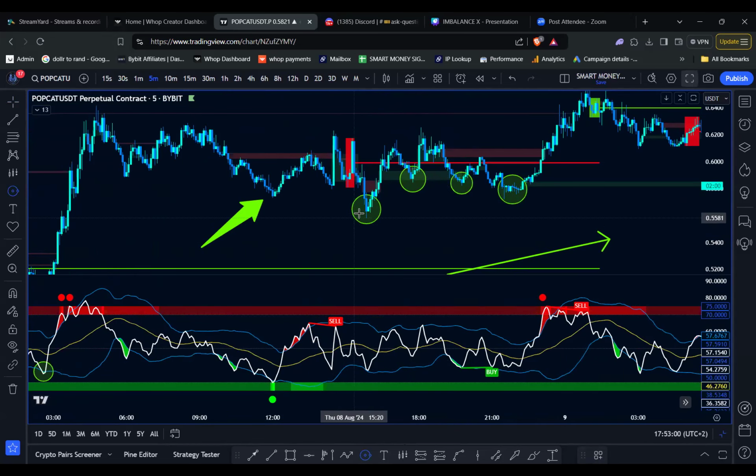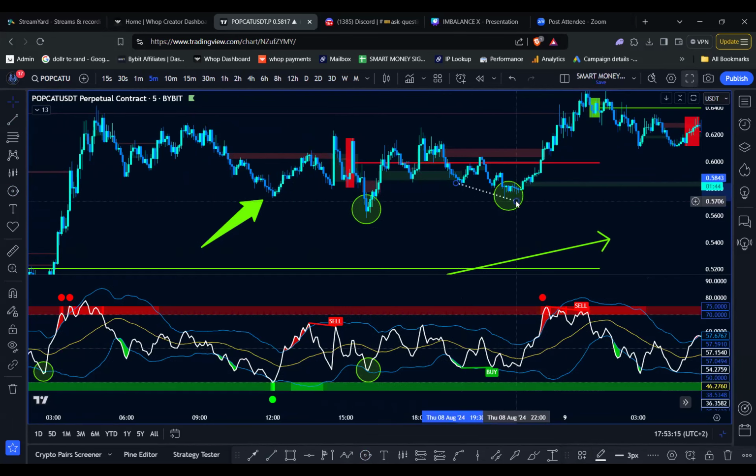If we look on the TDIX, this one was just a very slight shark fin over here. This one we wouldn't have taken because we didn't get a confirmed shark fin, or this one, but this one we would have taken because we had a divergence. You can see price is going down over here, but the oscillator is going up over here, just ever so slightly. So this is one we would have caught.